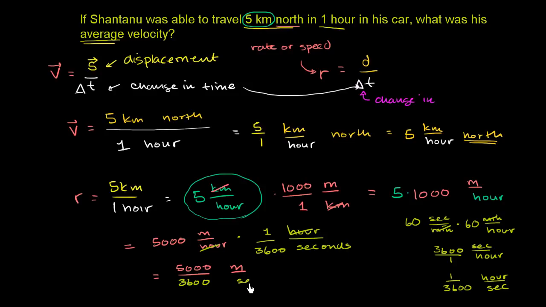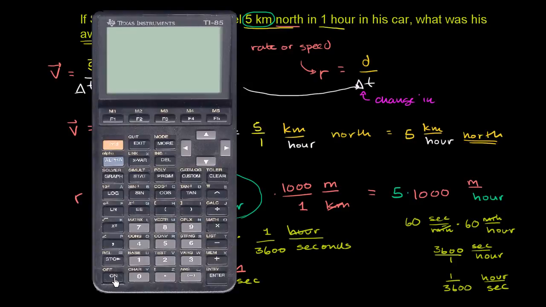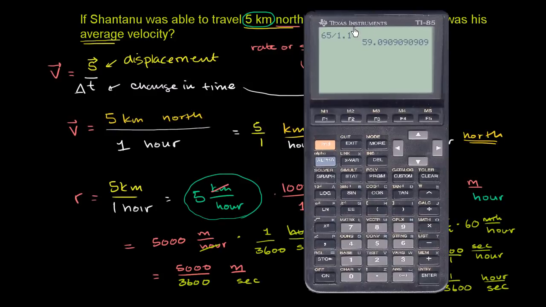Meters per second. And if we divide both the numerator and the denominator, well, I could do this by hand, but just because this video is already getting a little bit long, let me get my trusty calculator out. 5,000 divided by 3,600, which would be really the same thing as 50 divided by 36. That is 1.39.